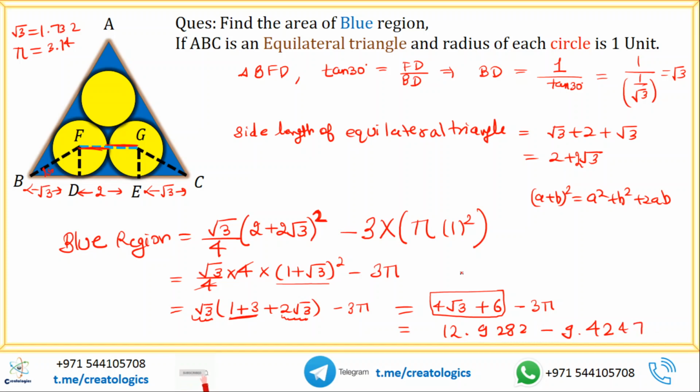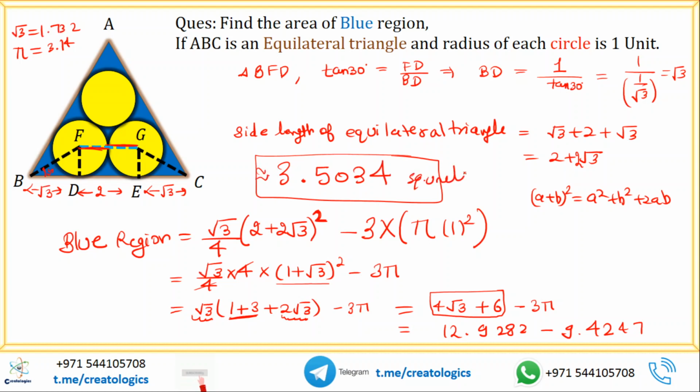So just subtract these two and you will get the required area, which comes out as 3.5034 approx square units, and that's our answer, right?